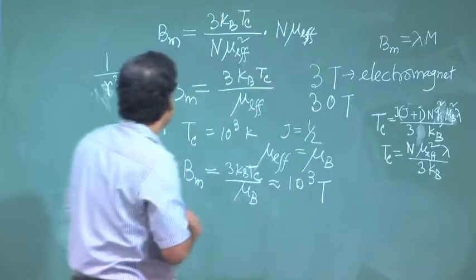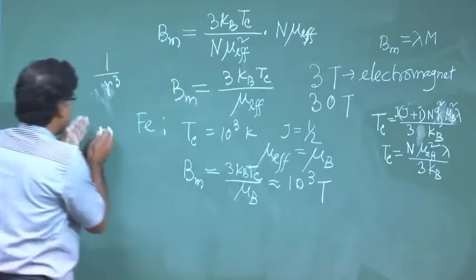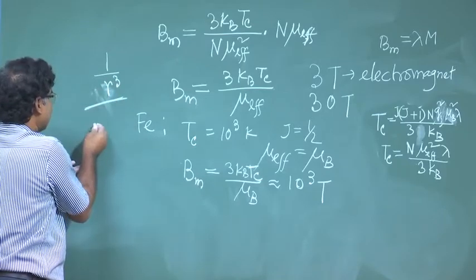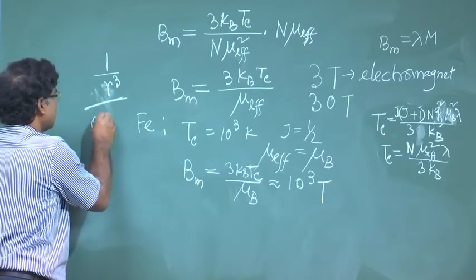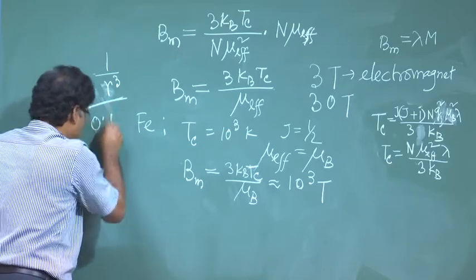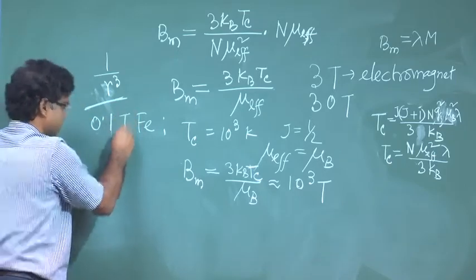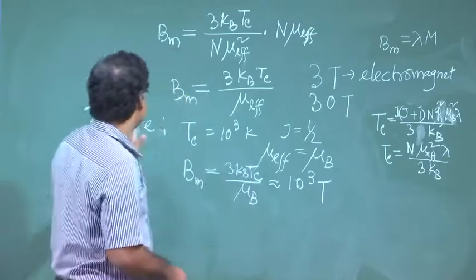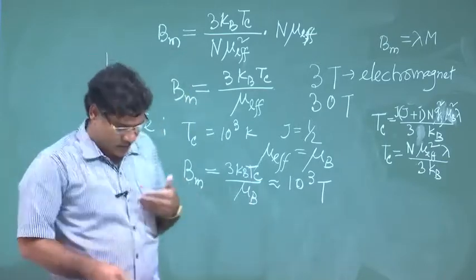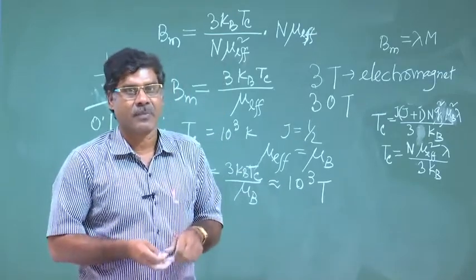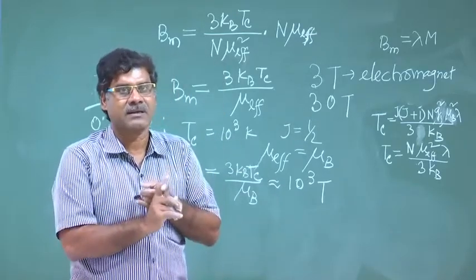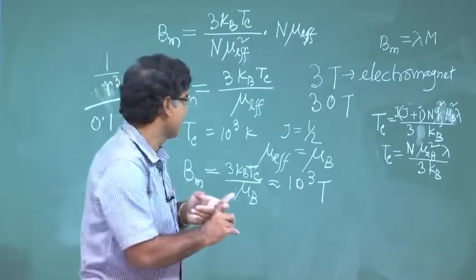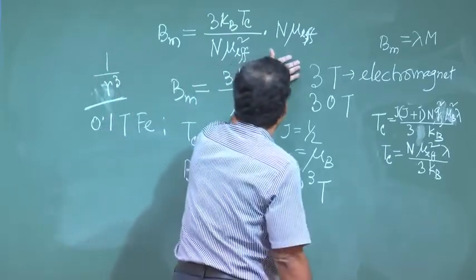Okay. And one can show that the dipole-dipole interaction can hardly give around 0.1 Tesla, or within 0.34 Tesla; this dipole-dipole interaction can give that equivalent magnetic field.